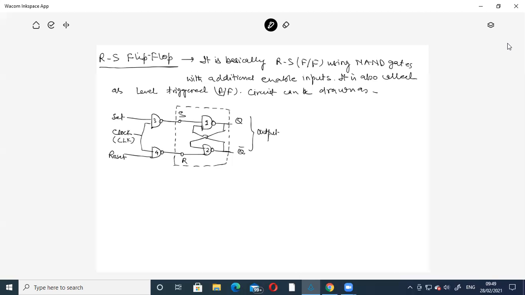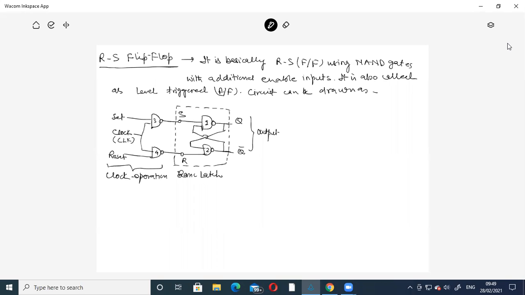And for the operation of the clock, this is the basic latch, and here it is clock operation. This is the clock operation.